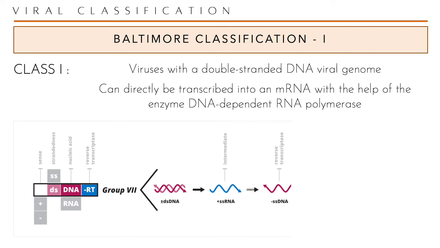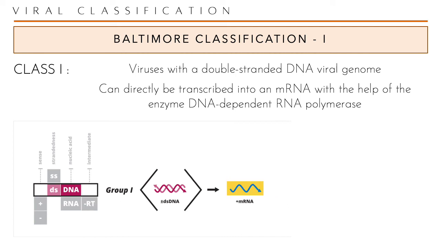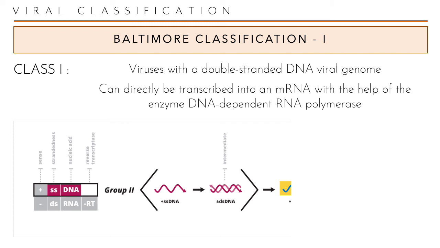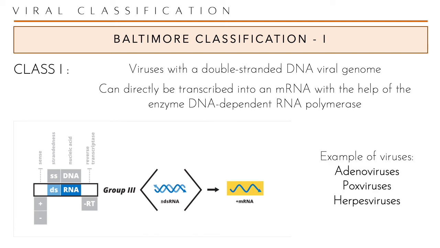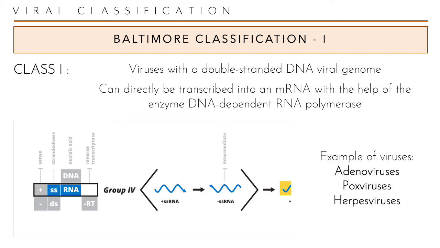What's important with this part is the RNA polymerase that the virus uses is the cellular one, meaning it's the RNA polymerase in the cell. Examples of viruses in class 1 would be the adenoviruses, the poxviruses, and the herpesviruses.